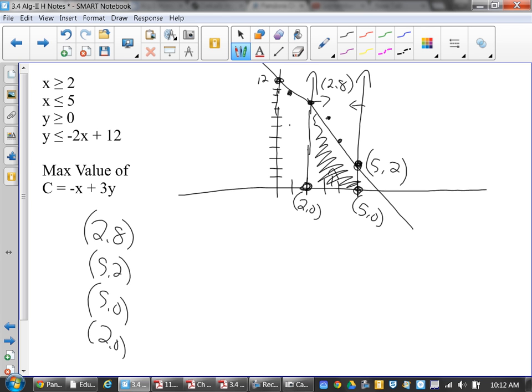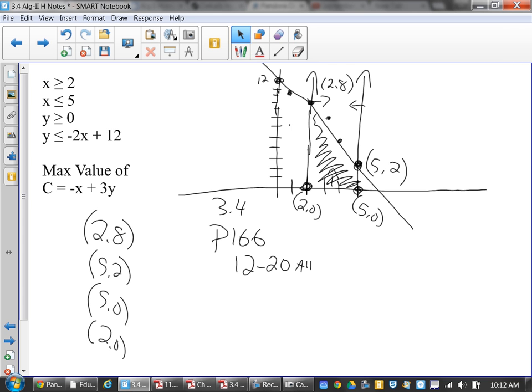I'm running short here. So on page 166, this is section 3.4. Let's go 12 through 20.